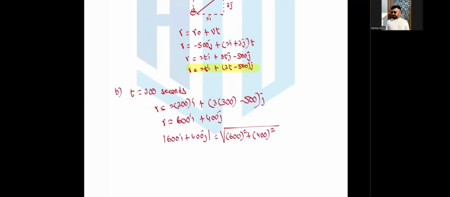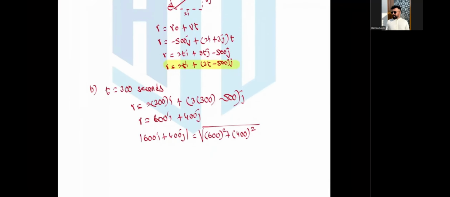Okay, so 600 squared plus 400 squared is 520,000. So the square root of 520,000 is basically 721.11. Okay, and correct to three significant figures, 721 meters will be our answer.